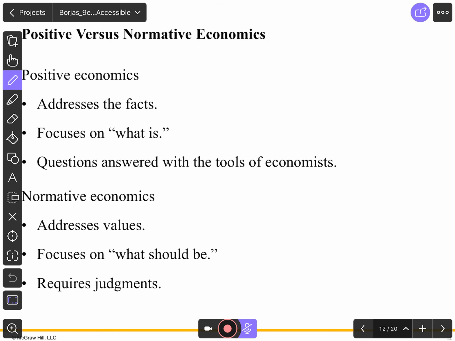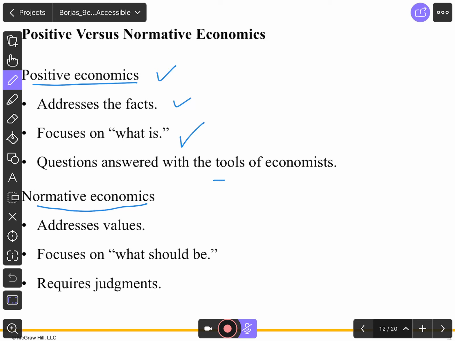There are two important distinctions in economics. When we say positive versus normative economics, positive is always a fact. This is always a number. Let's say the unemployment rate is equal to 10%, for example. This is a fact. This is positive economics, okay? So it's basically focused on the facts, what it is, right?